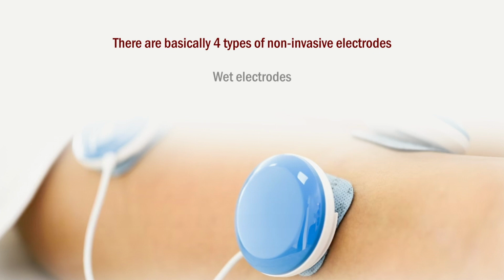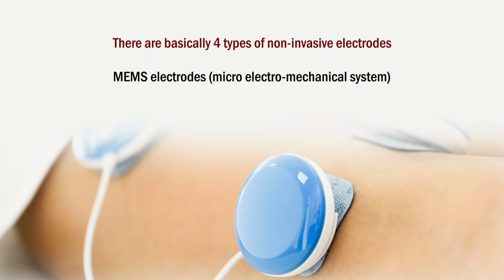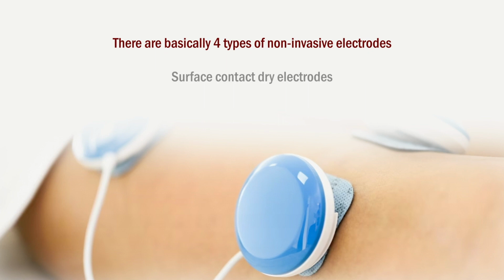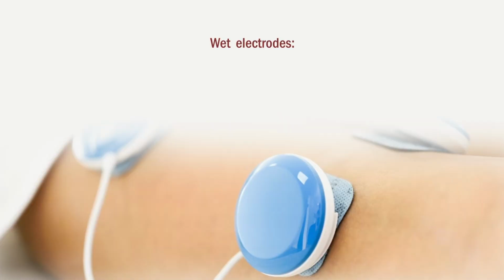There are basically 4 types of non-invasive electrodes. They are wet electrodes, MEMS electrodes called micro electromechanical system electrodes, non-contact or capacitive electrodes, and surface contact or dry electrodes. Firstly, we will discuss the wet electrodes.